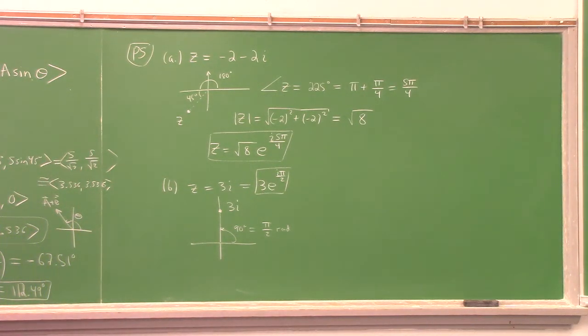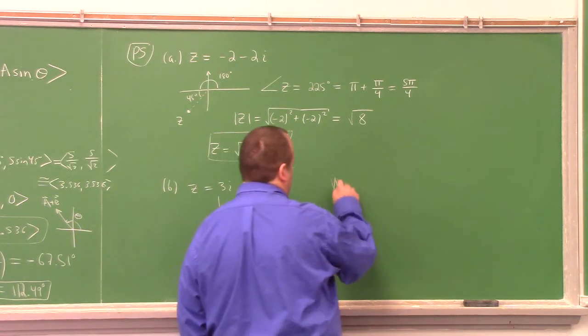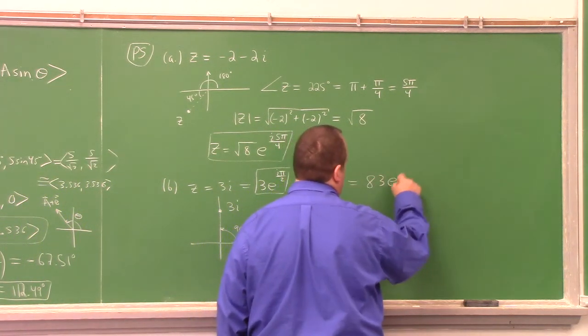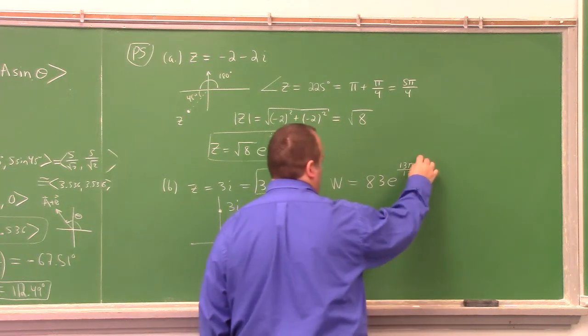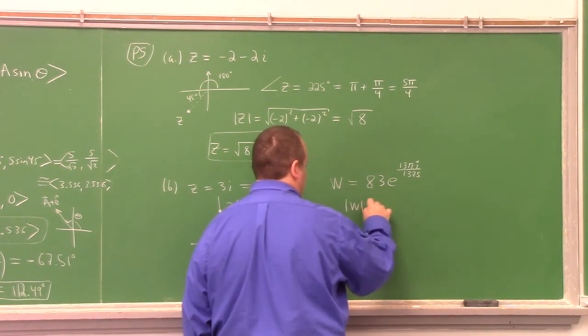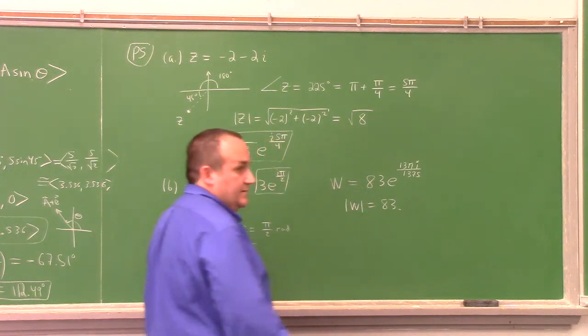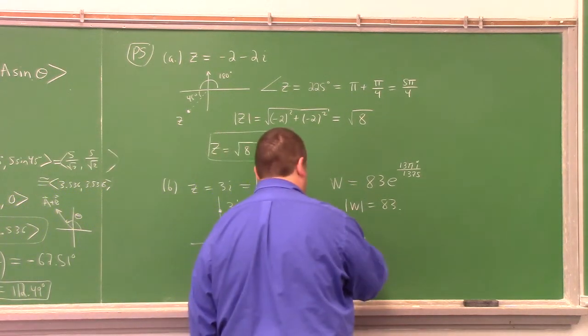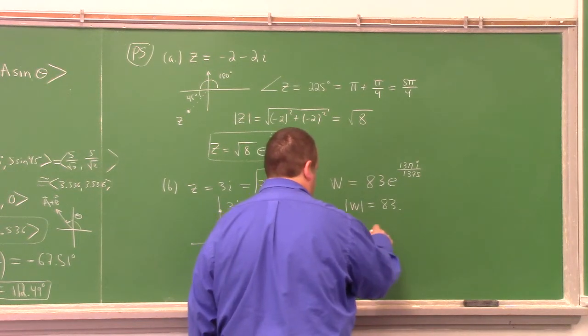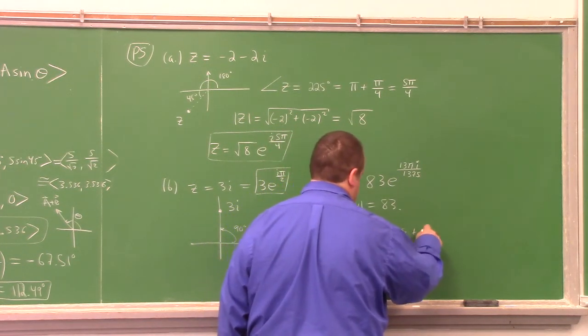If you can rewrite the number as a positive number times an imaginary exponential, whatever's in front of the imaginary exponential has to be the length. Like if I tell you W is 83 e to the 13 pi I over 1,375, all right? The magnitude of W is 83. See, because the magnitude of any e to the I theta is the magnitude of cosine theta plus I sine theta, which is what?